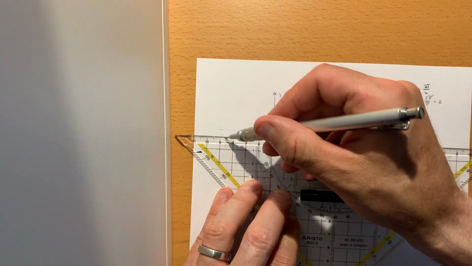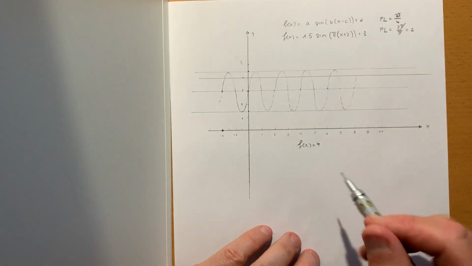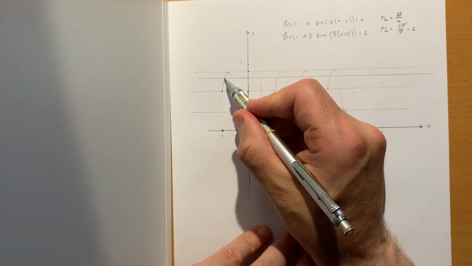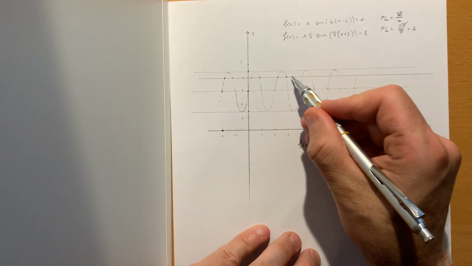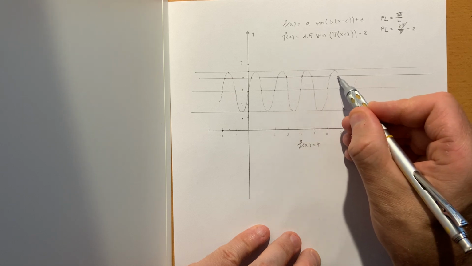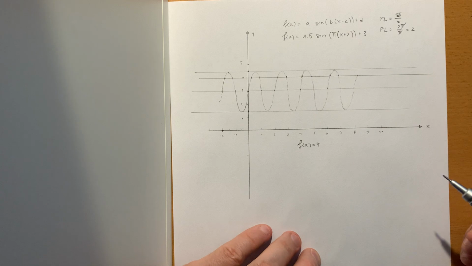So you can clearly see we do have infinitely many x values that satisfy this equation. Here, here, here, everywhere. Infinitely many x values that will satisfy this equation.